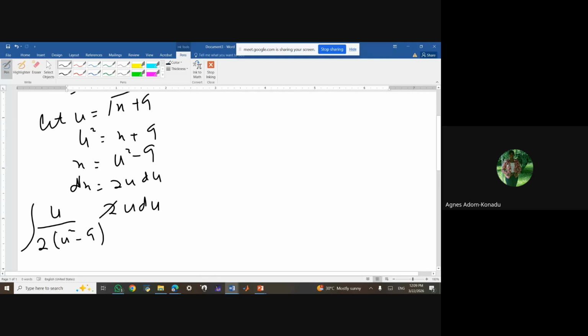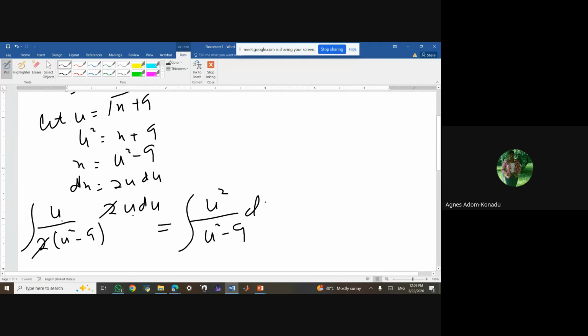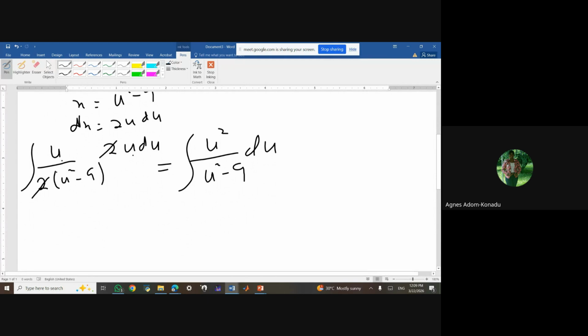So this u can take care of this u, and this now becomes the integral of u times u, so I have u squared over u squared minus 9 du. So I want to play around with this one and rewrite it.